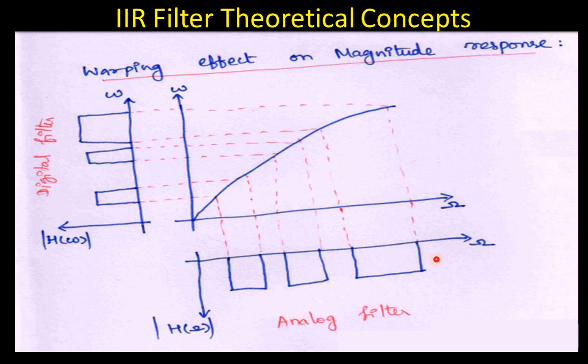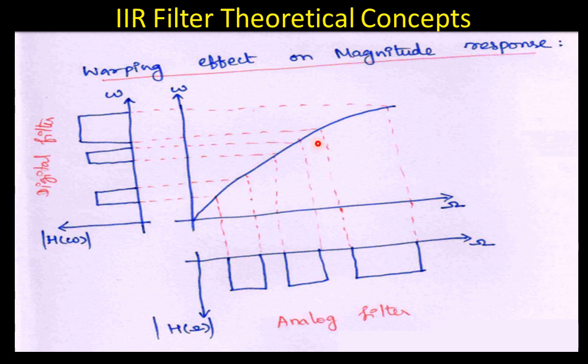So if I want to design a filter with these bands of frequency, let me consider an example. Here I have 50 Hertz, here 200 Hertz, 250, 350, 500 and ending up with 1000 Hertz. For example, I am considering all these as filter cutoff frequencies in all three bands.